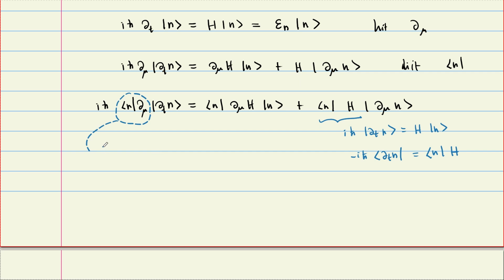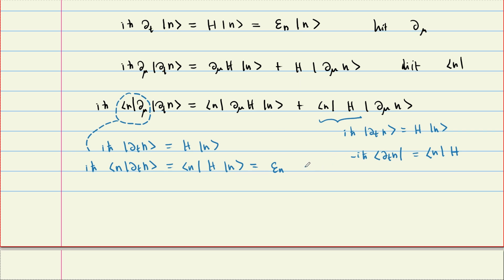Let me start again with i h bar del t n is equal to h n, and I hit with the bra from both sides. So this is going to be n, and we know this is just E of n, just the energy.